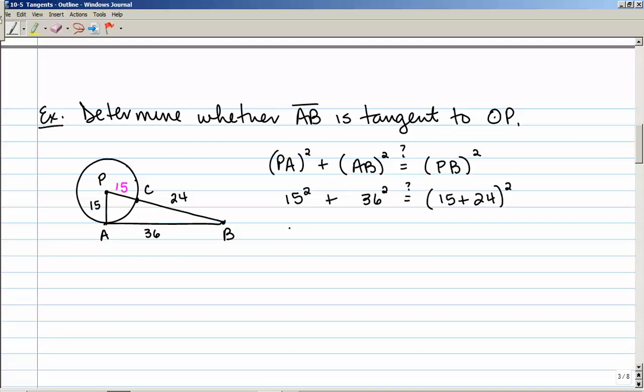So grabbing your calculator, 225 plus 1,296, is that equal to 39 squared, which is 1,521? And yes, indeed, they are equal to each other.